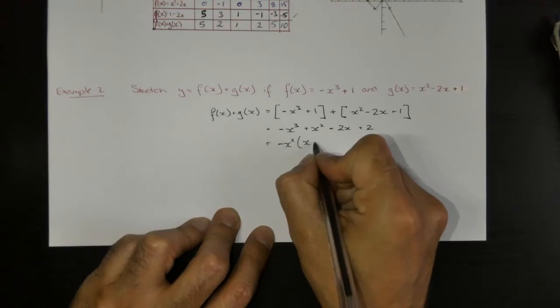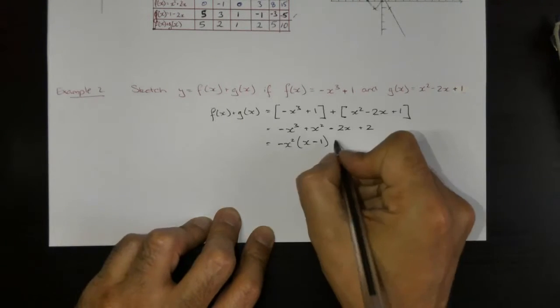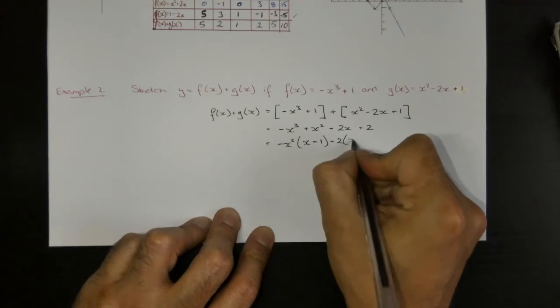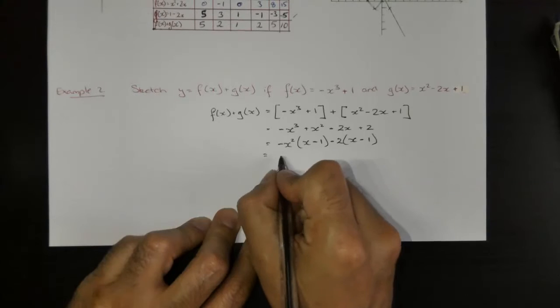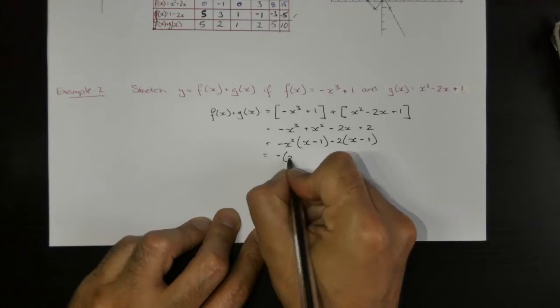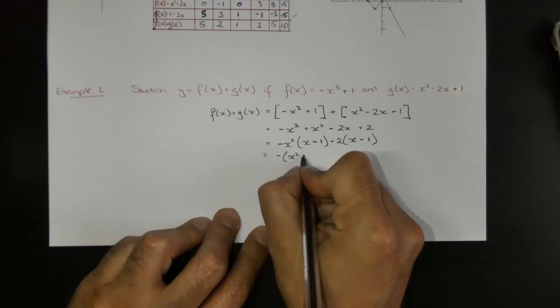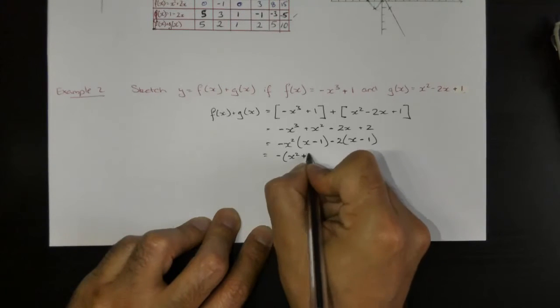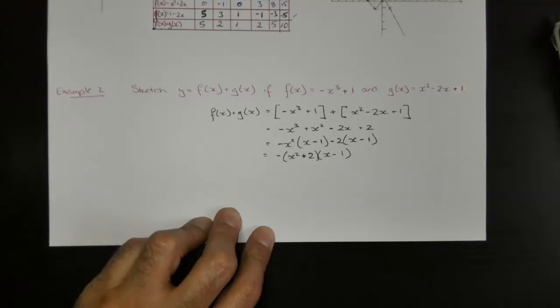I need to times that by a negative 1 to make it positive. Take out this negative 1. So I've got negative x squared plus 2 and an x minus 1.